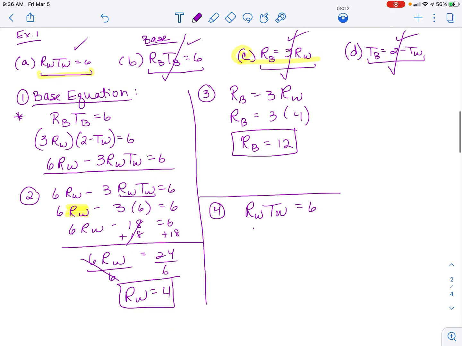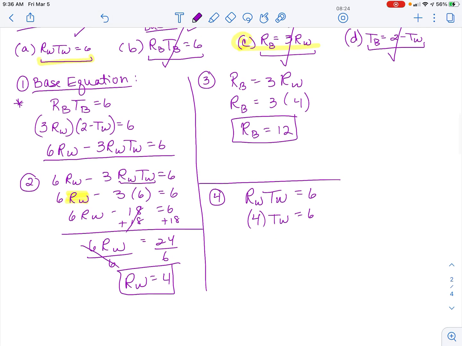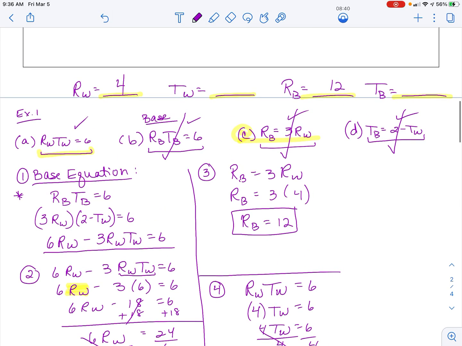And since I know RW is 4, I could solve for TW. Divide here. TW equals 3/2. Okay, so there is the value for TW, is 3/2.